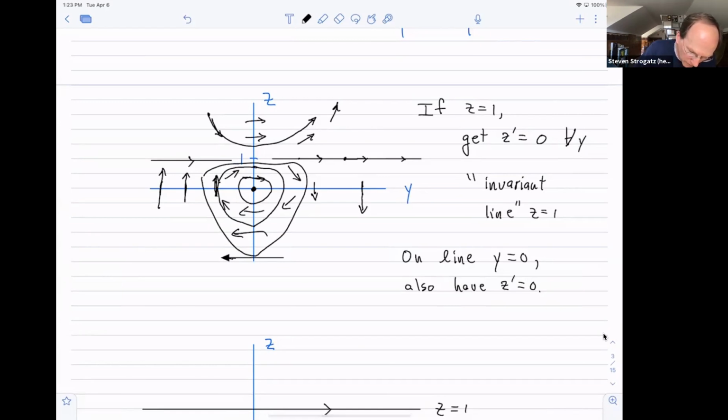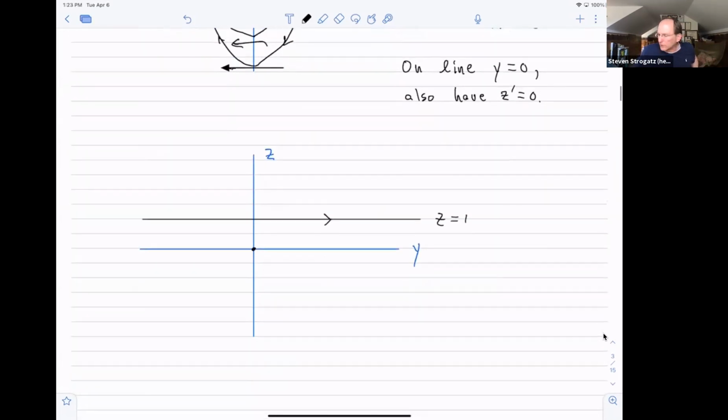Now, one thing maybe I should say, if you haven't thought about phase plane analysis before, is that these trajectories can never cross. That would violate uniqueness of solutions to differential equations. So the trajectories all stay away from each other. Anyway, that's our basic picture, and that gives us a lot of information.